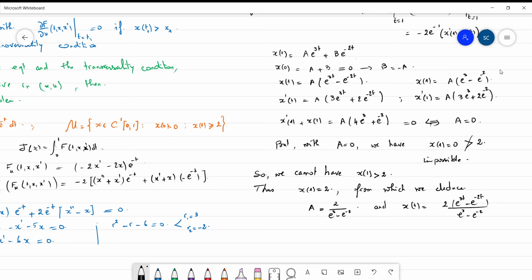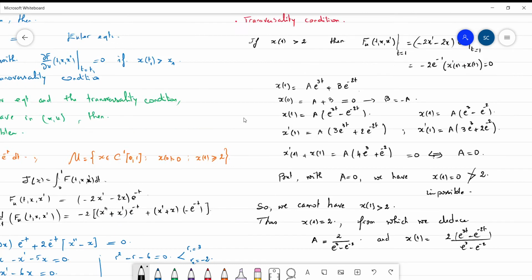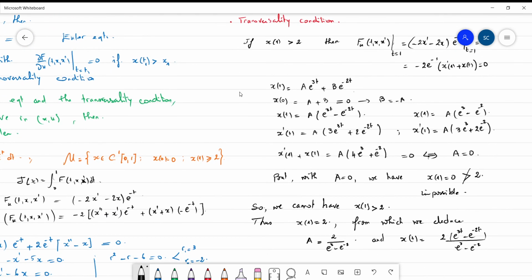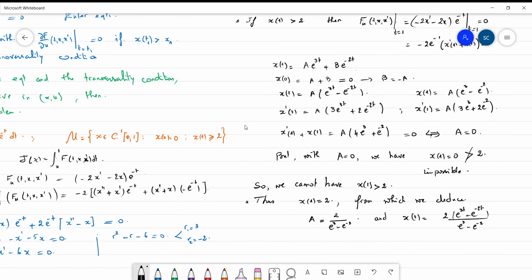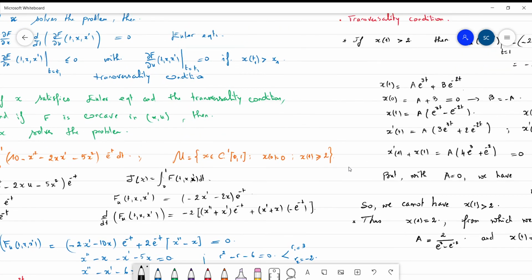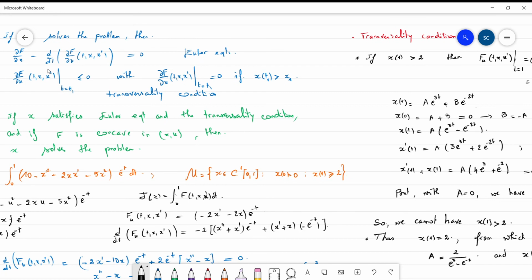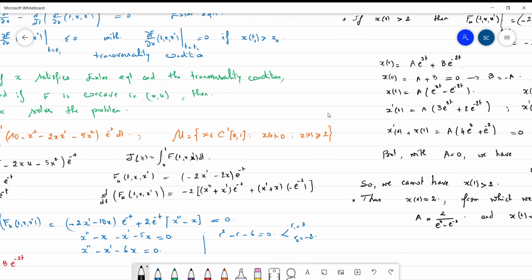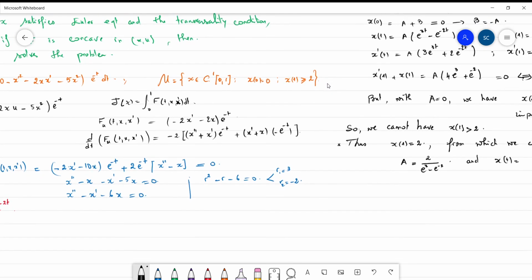Let's check now, because the transversality condition has two parts. Here we decided, but we need to check that the partial derivative is less than 0. So check that f_u at t equal 1 is negative.